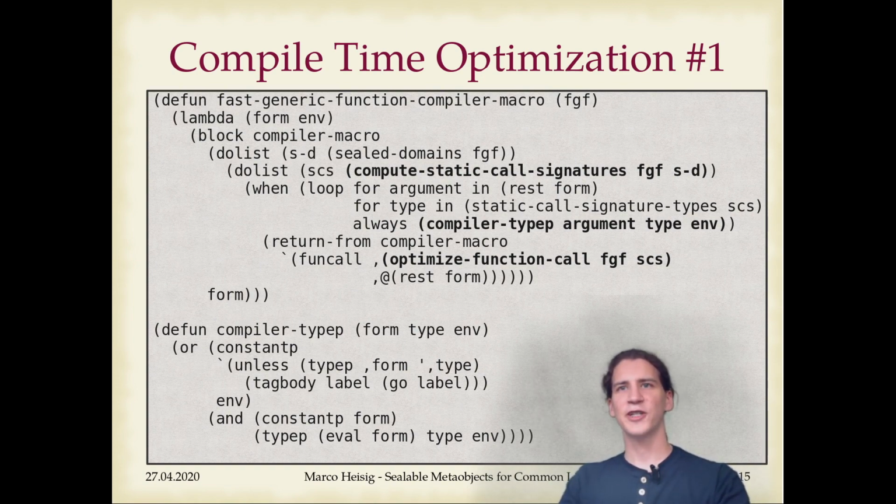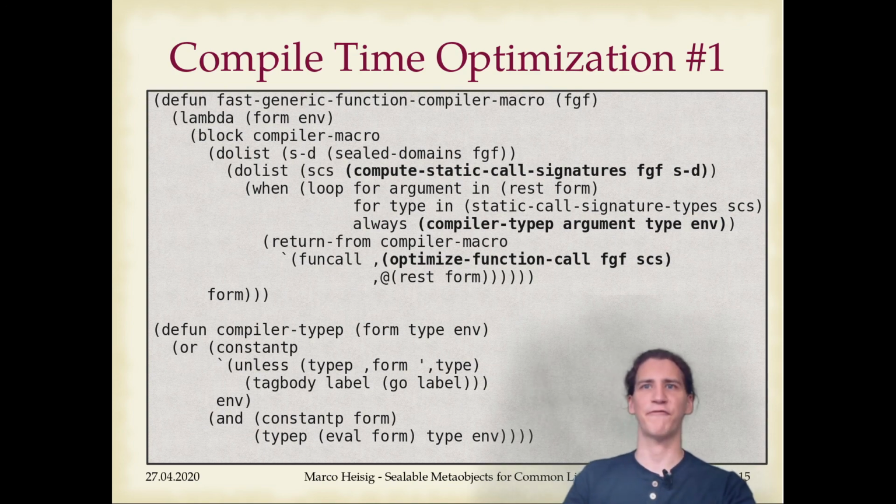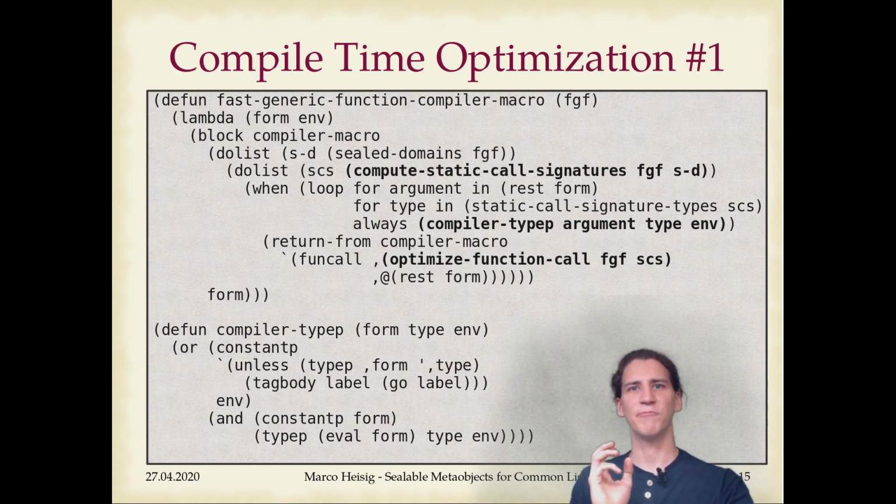So what I show here is a function that generates a compiler macro function for a supplied fast generic function, FGF. How it works is, when it is invoked, it traverses all the sealed domains of the fast generic function.